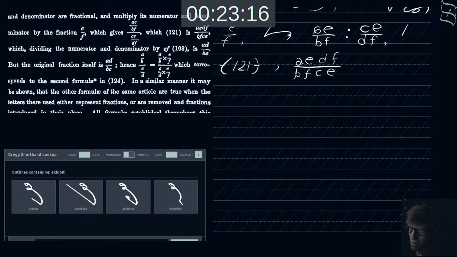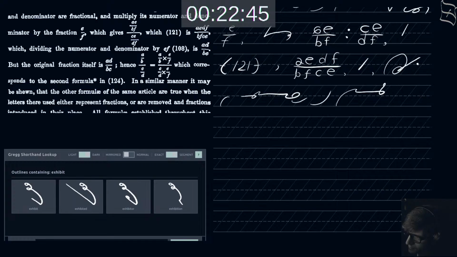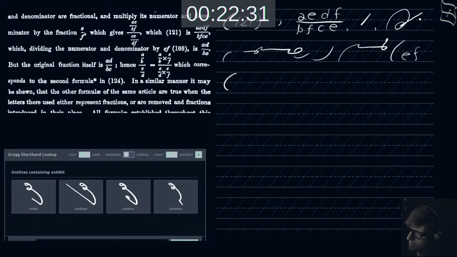So which, dividing the numerator and denominator by EF, according to Article 108, is A over D, or AD over BC.